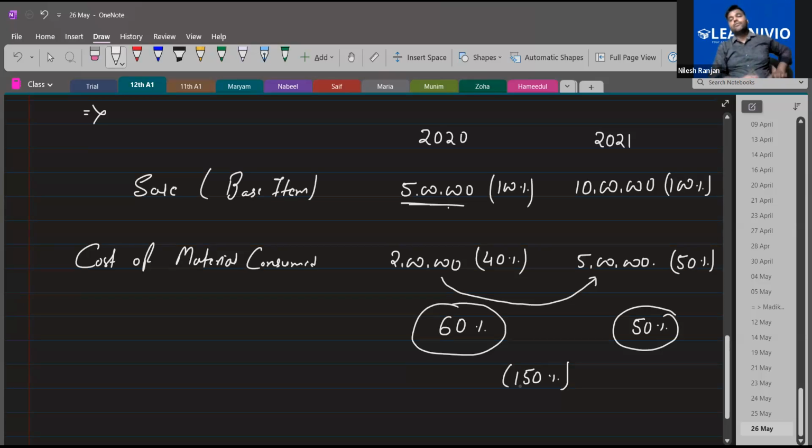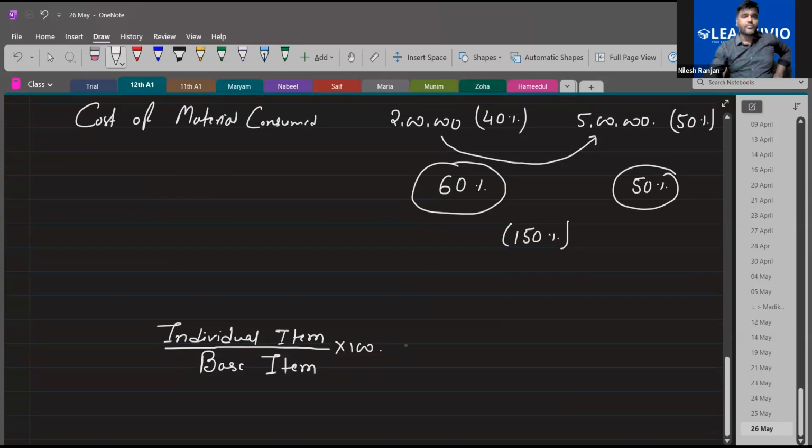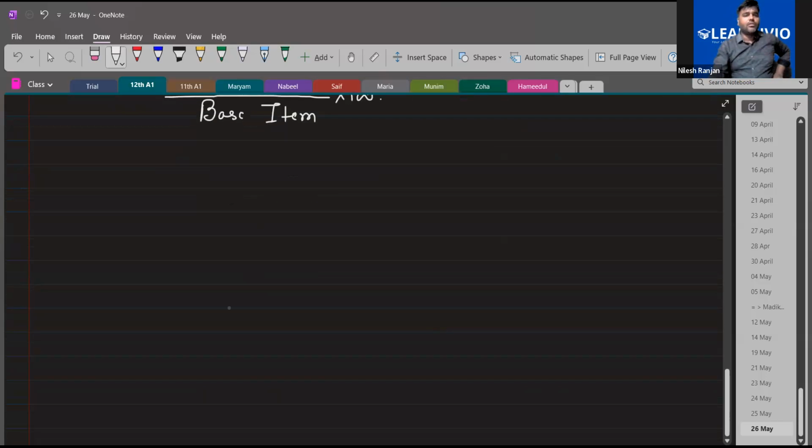And you will know if there is any unexpected increase in any expenses. In that case, you want to control the expenses. Now the question is, why do we need to control the cost?